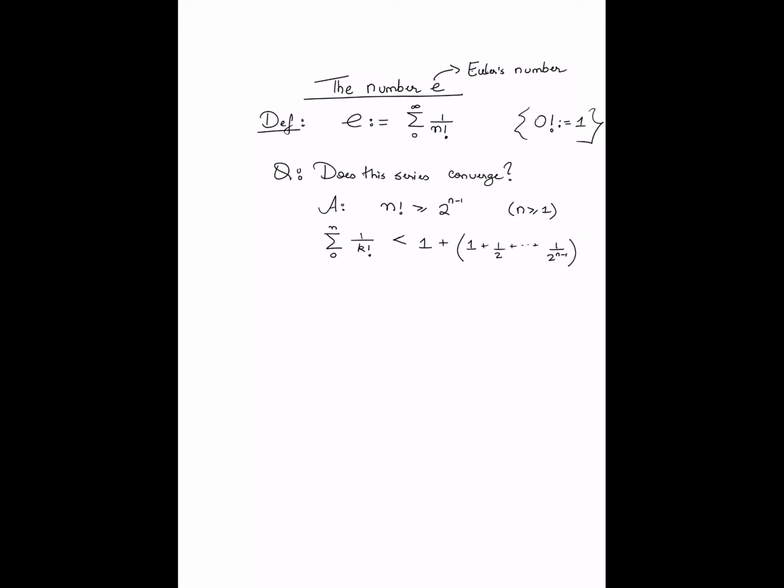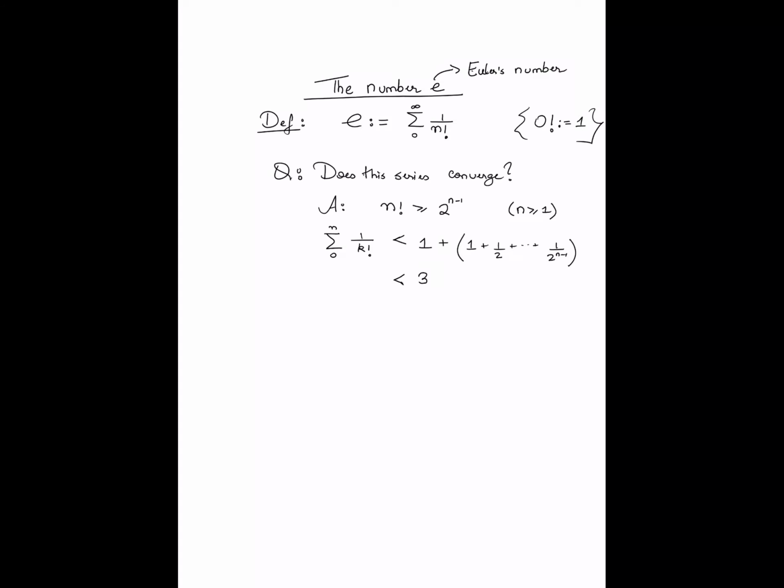Further, you can check that because this is a geometric sum with n terms, you can upper bound this by the infinite sum of the geometric series, which gives you the upper bound 3.